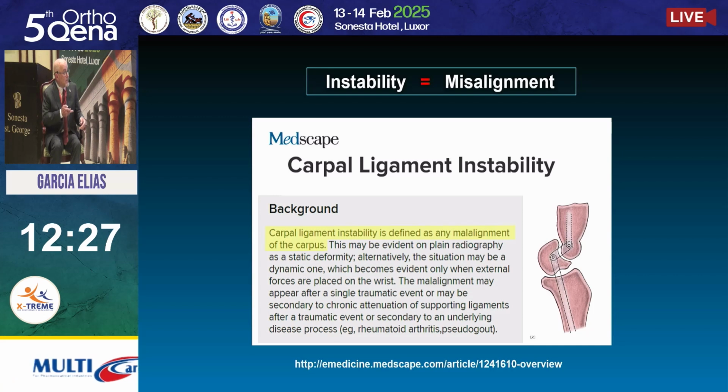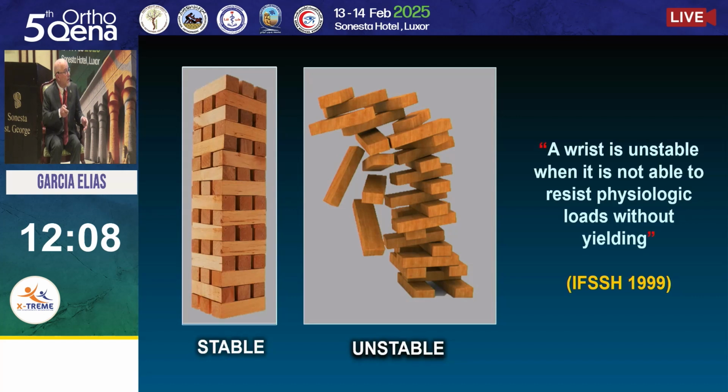Even now, in this recent paper, they say carpal ligament instability is defined as any malalignment of the carpus. No, not all malalignments mean that they are unstable. And this is something that I think we need to understand. Otherwise, we can get that problem.